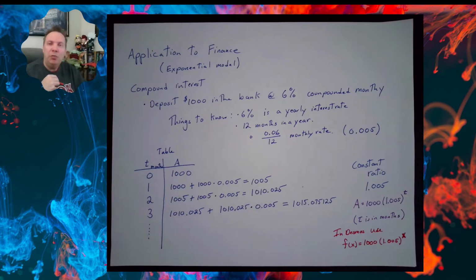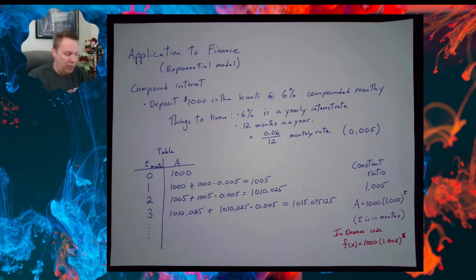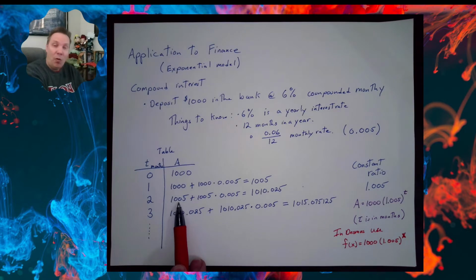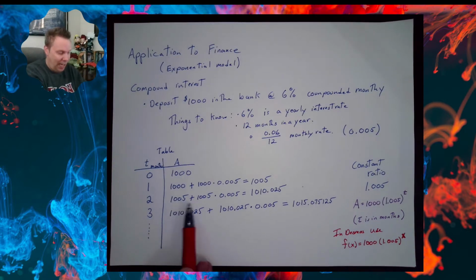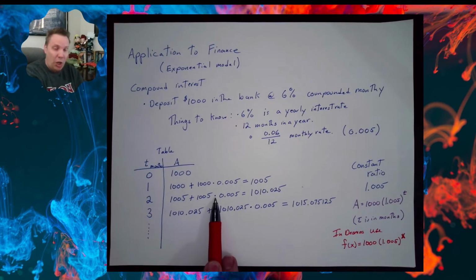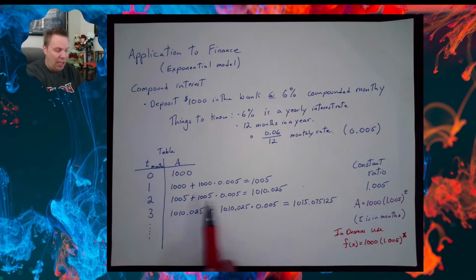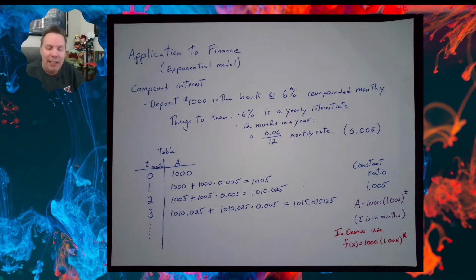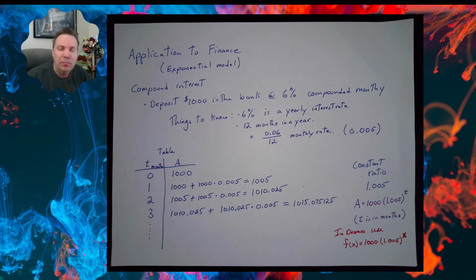So in order to compute what I'm going to have at the start of month 2, I start with my $1,005 and I add to that 0.005 of that $1,005. And I wind up getting $1,010 and 2.5 cents.